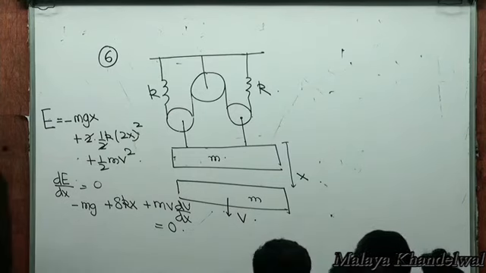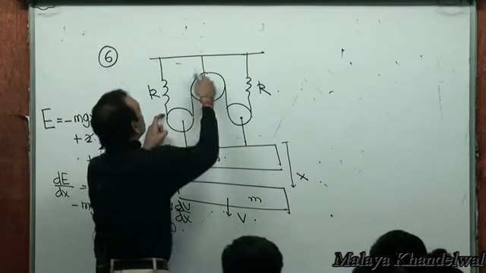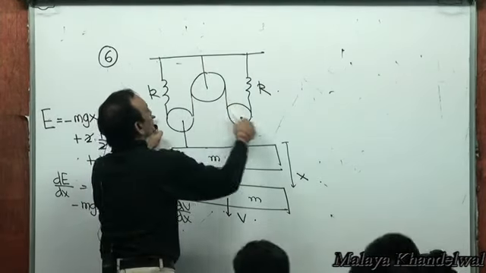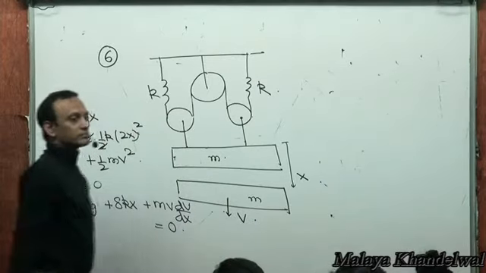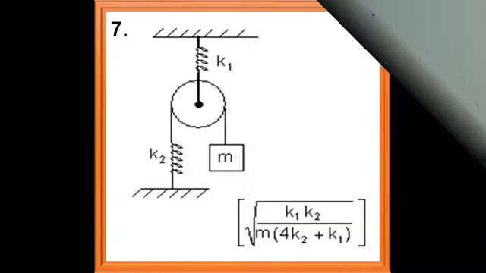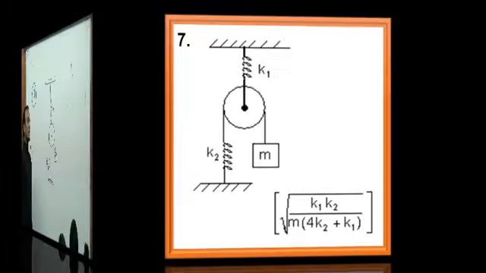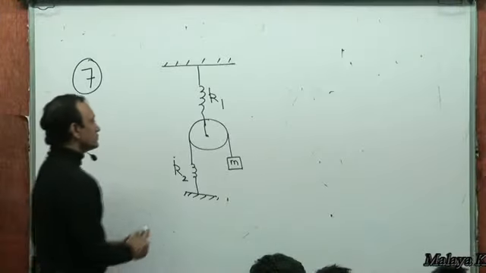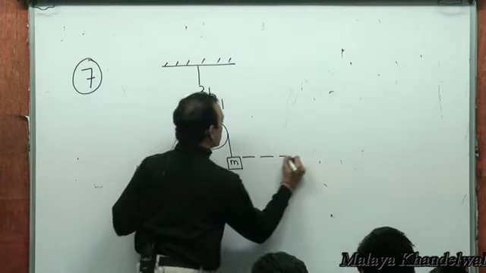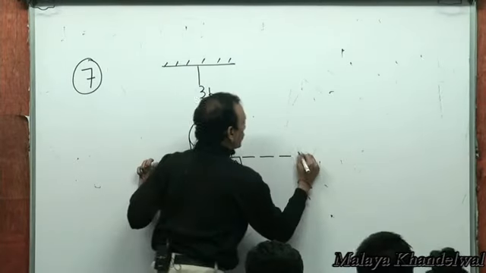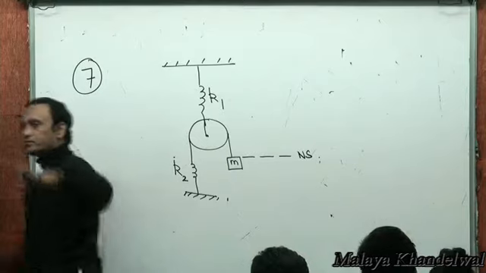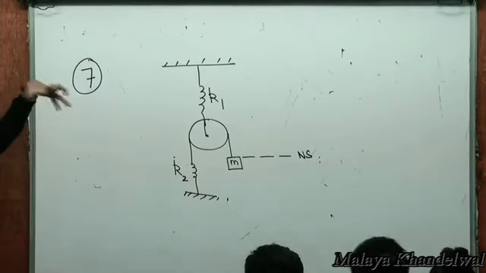Think of from here to here as one single spring and from here to here as another spring. See, suppose this is a state of the mass where both the springs are in their natural, unelongated state.